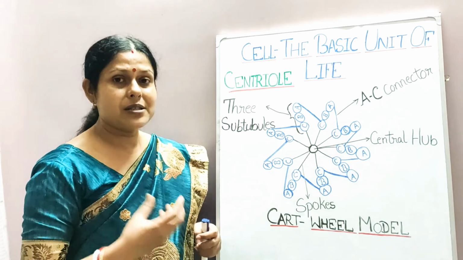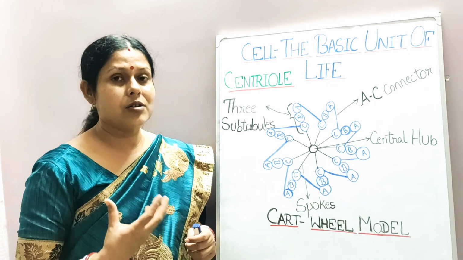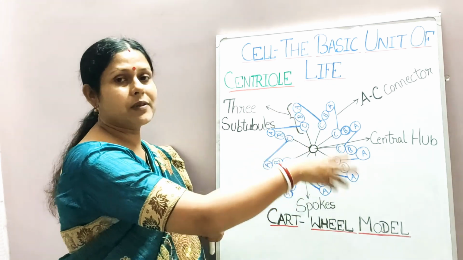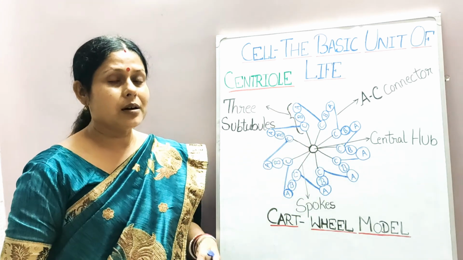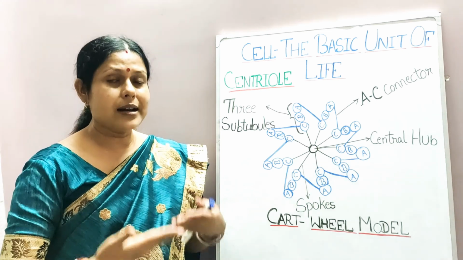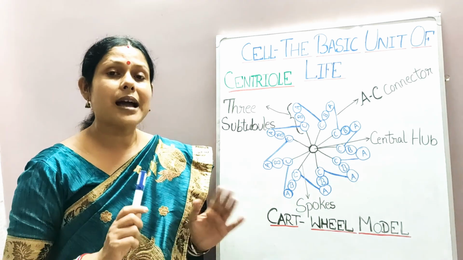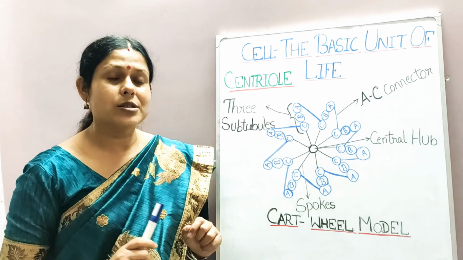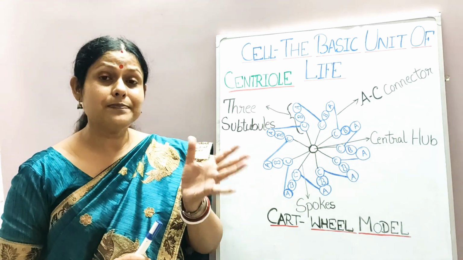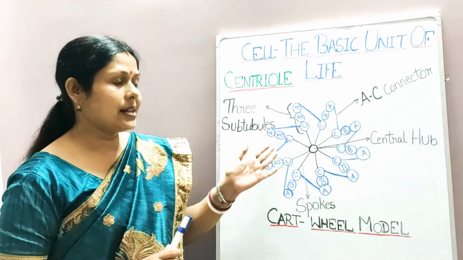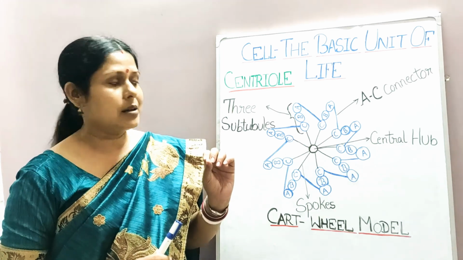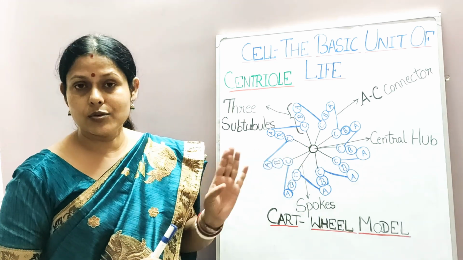So if we see the basal body of the flagella or the cilia, there also we will find this type of structure. But when we come towards the upper end, the arrangement there is 9+2. So there were a total of 11 microtubules, and here there are only 9 microtubules, and in the center there is no microtubule.